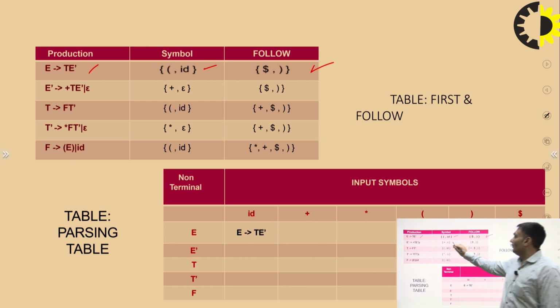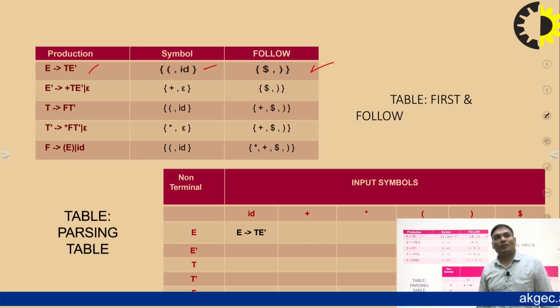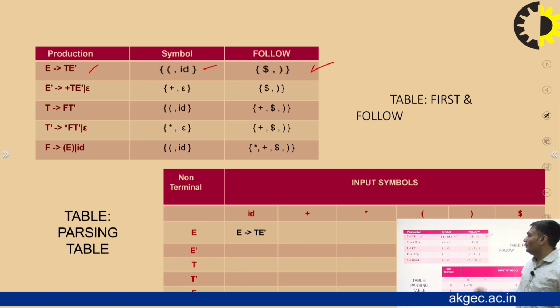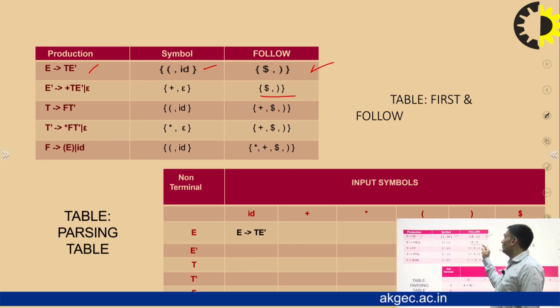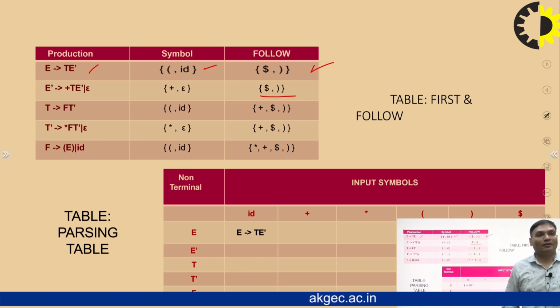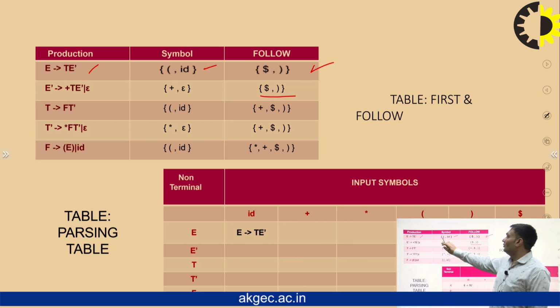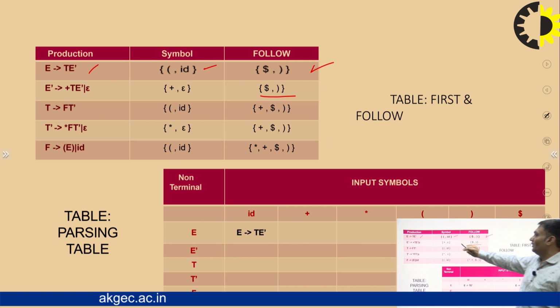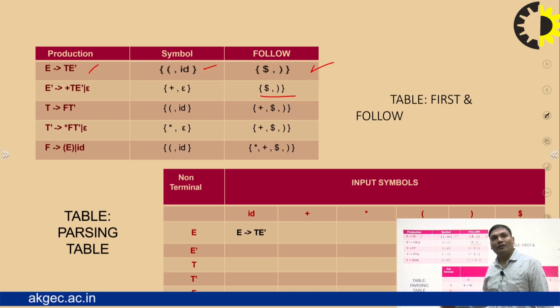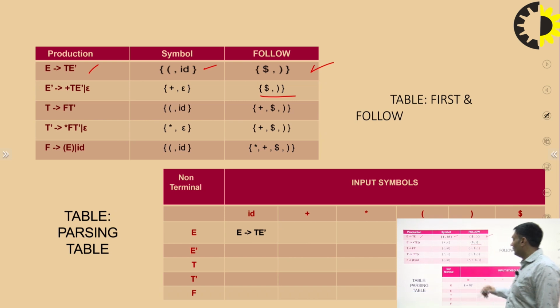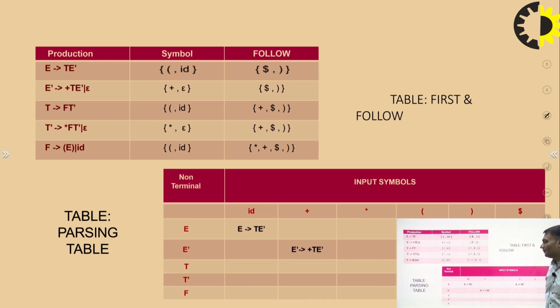If there is an epsilon, then the rule corresponding to epsilon will be put as per the entry of the follow. So this is the important thing that we should know. If there is no epsilon in the first, then we don't need to see this follow. If there is an epsilon, then the rule corresponding to this epsilon will be put as per the entry of this follow in this table.